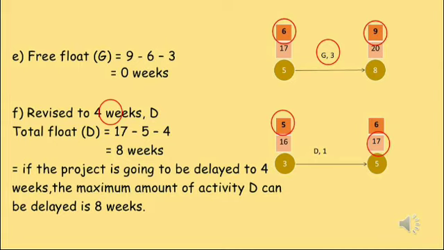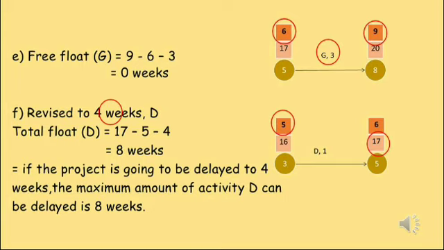For question F, if activity D is revised from 1 week to 4 weeks, how would this affect the project? To answer this question, we have to calculate the new total float for activity D, using the new duration, which is 4 weeks.